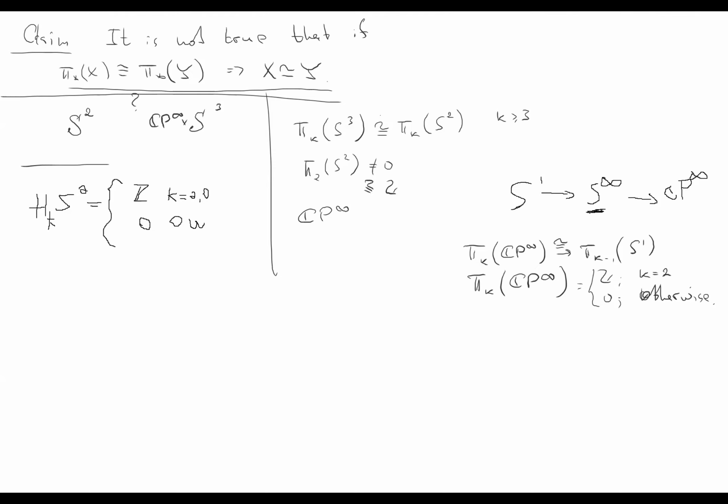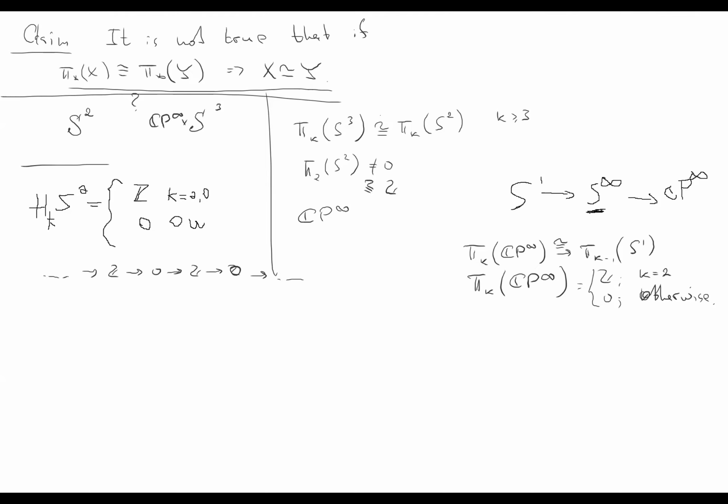Using this cellular structure, you can easily compute its cellular homology groups, because your cellular chain complex is just Z maps to 0, maps to Z, maps to 0, etc. So it's just Z in every even dimension.